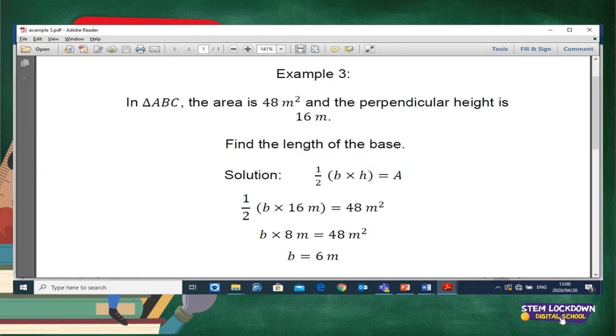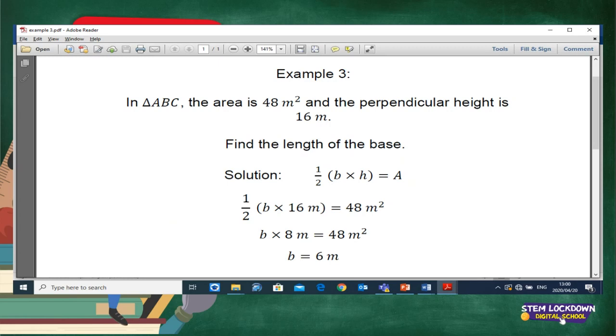In this case, you are not given any base. The only information that you have is that the area is 48 square meters. You also know that the height of that triangle is 16 meters. So what is important is that you don't have to see the triangle. Just to have the information is enough.